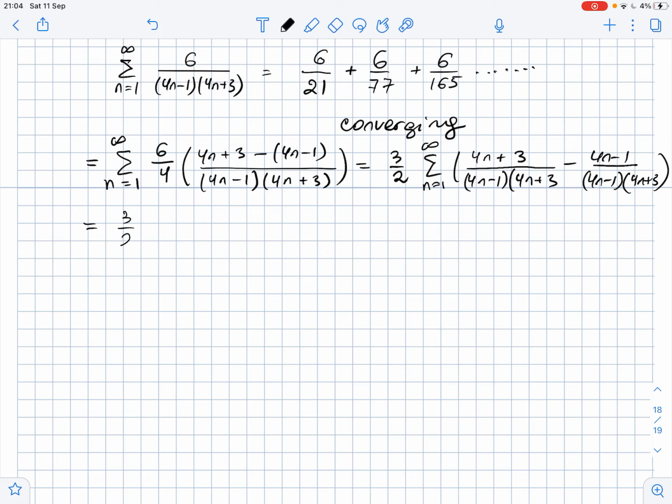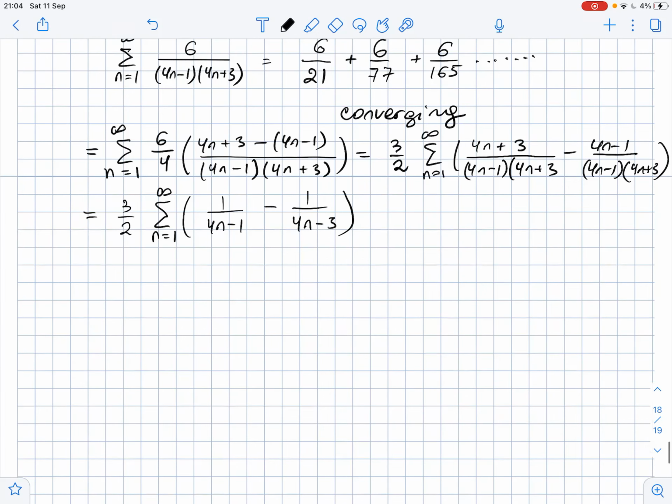Then this equals 3 over 2 times the sum of 1 over 4n minus 1 minus 1 over 4n plus 3, where n goes from 1 to infinity.